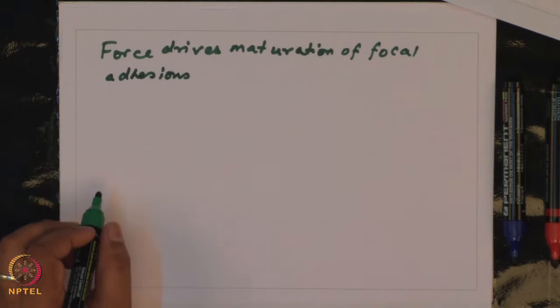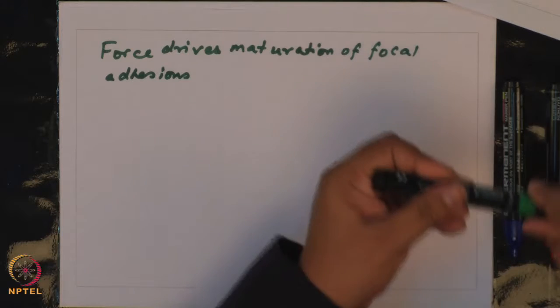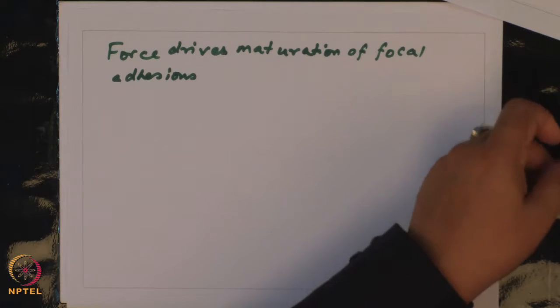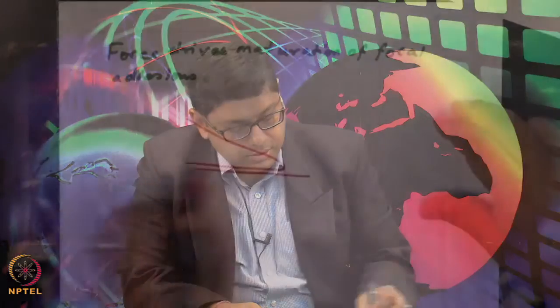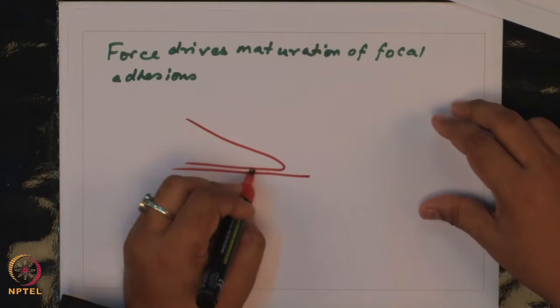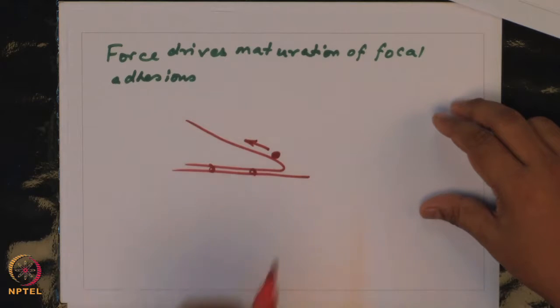This requires force, and one of the first studies which demonstrated that was by the group of Sasha Bershetsky at Weizmann. What he showed was by exerting force, you have a cell sitting on a substrate connected by adhesions, and he took a pipette, rolled it on the cell edge.